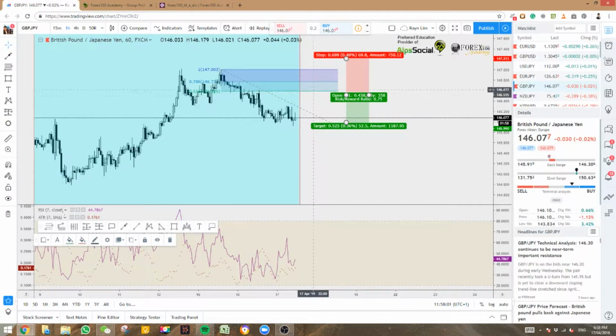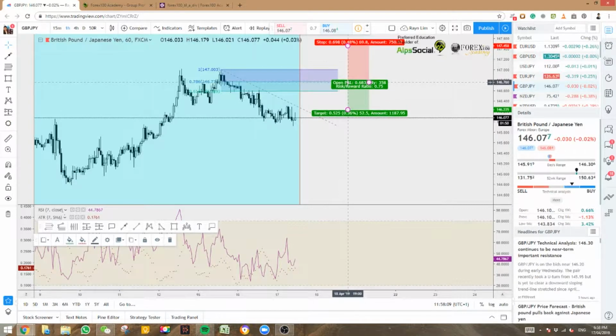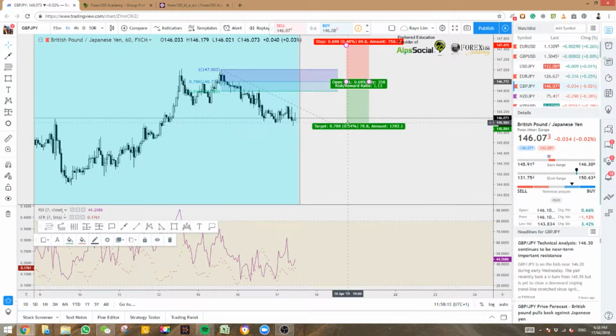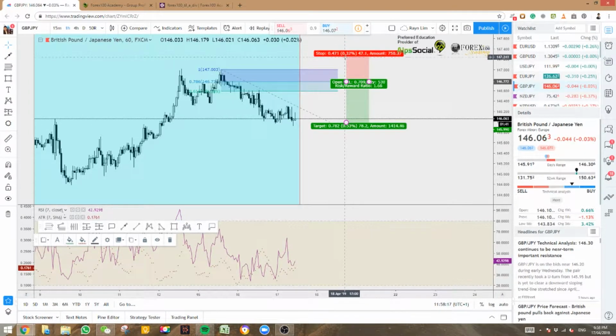Of course, the chance of you getting filled is higher compared to if you waited for a higher price. Make sense? But what if I wait at the 78.6 area? This is still my target profit. My stop loss is at 21.